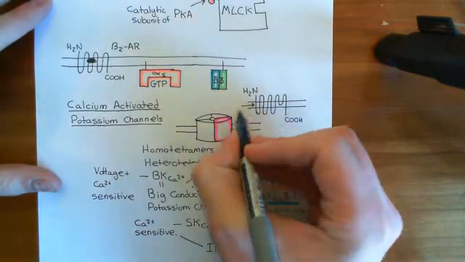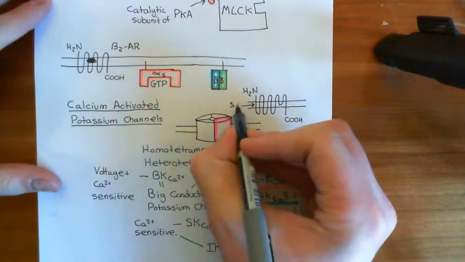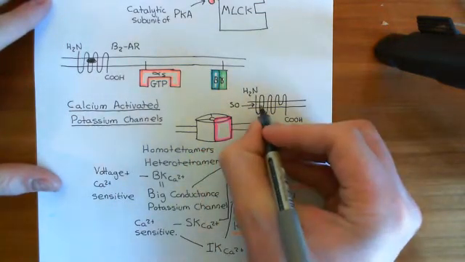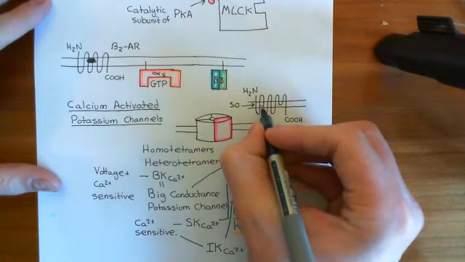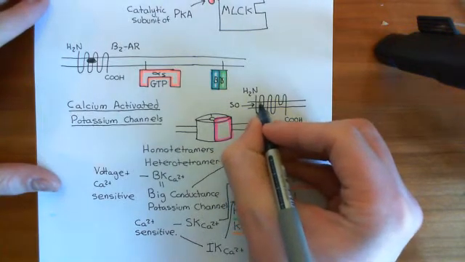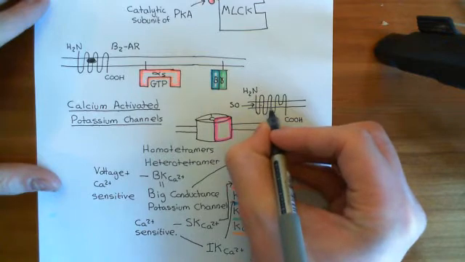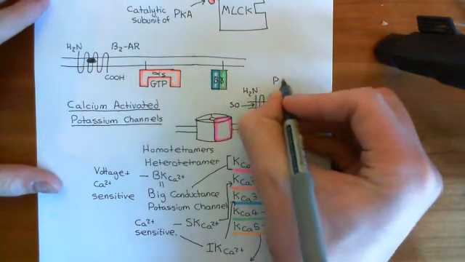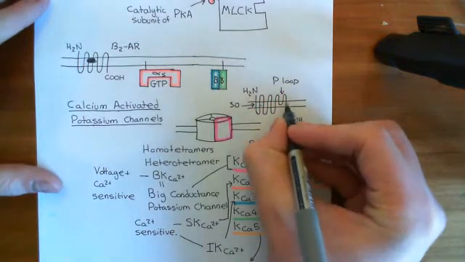So this first membrane spanning alpha helix is actually called the 0th membrane spanning alpha helix, and then the others are labeled in the normal way. So this one is S1, S2, S3, S4, S5. This loop is then called the P loop, and then we have S6 over here.